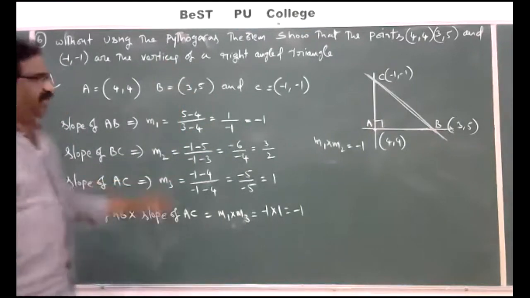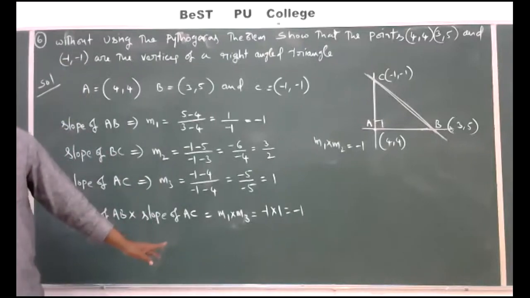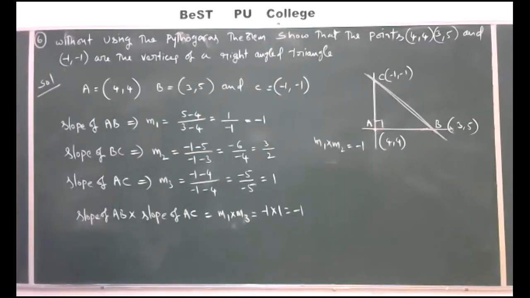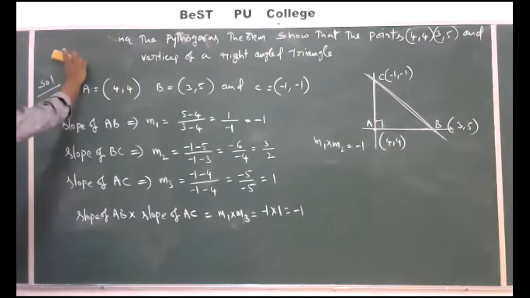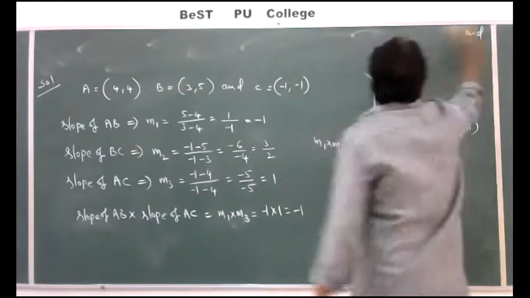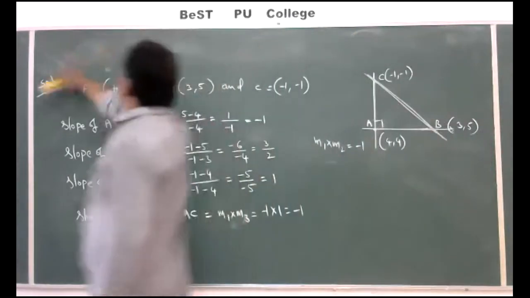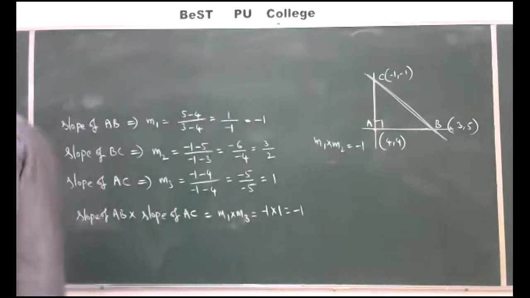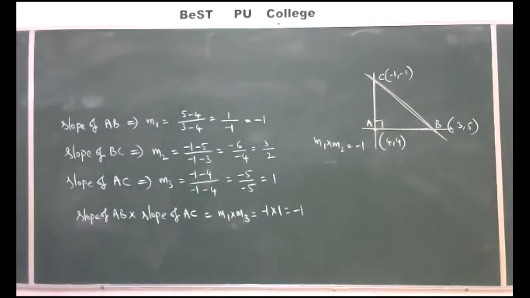Write the conclusion: therefore, the given vertices form a right angled triangle. That's the sixth problem. Next, seventh problem.